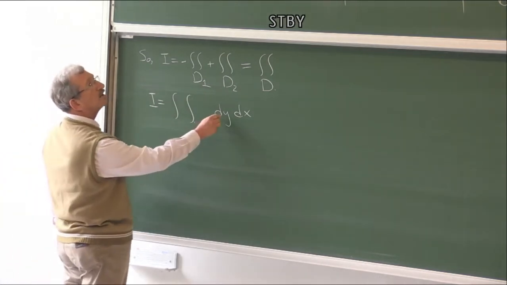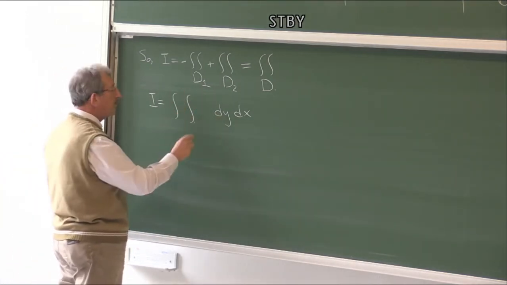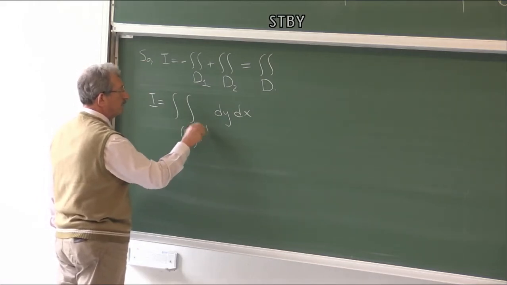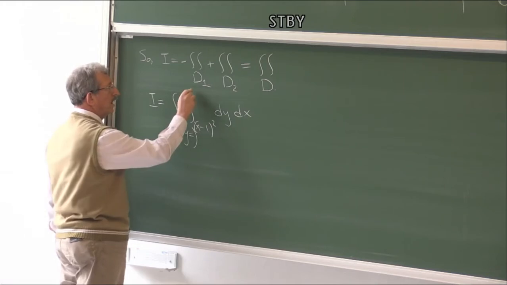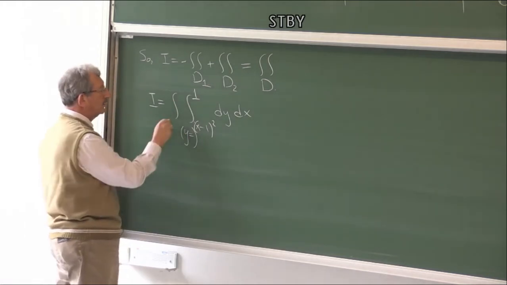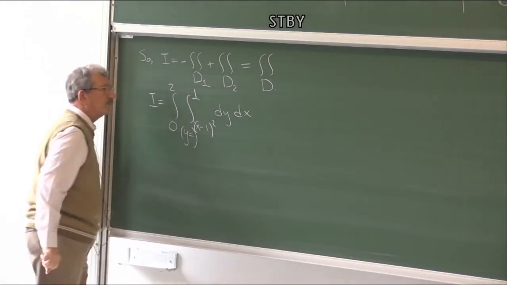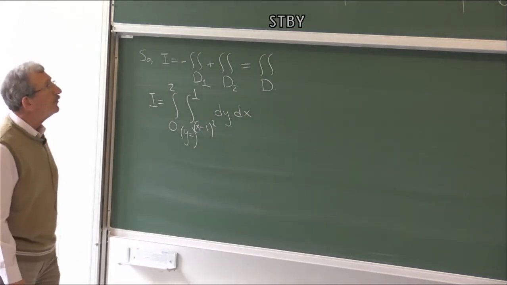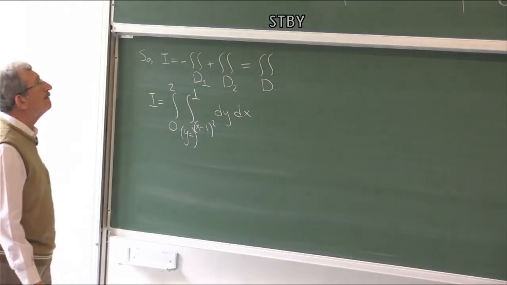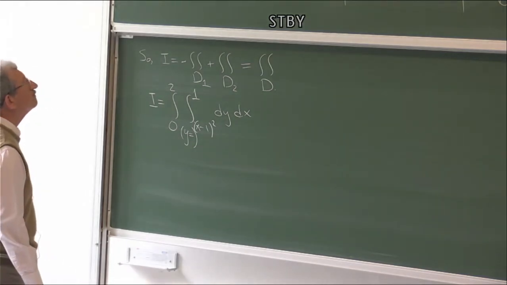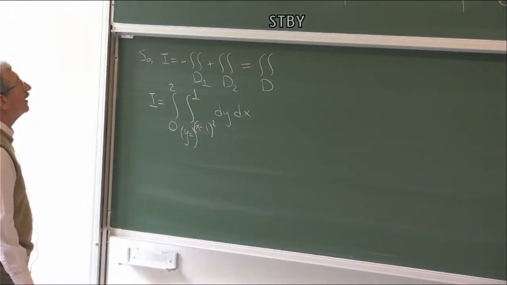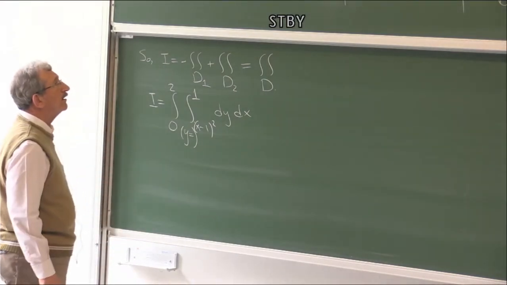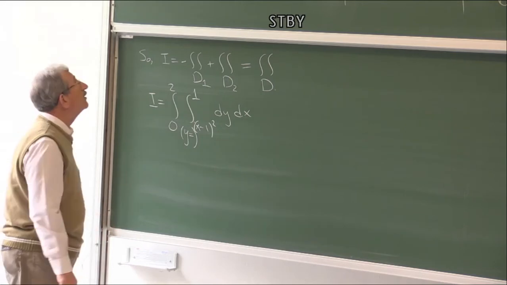So it starts from the parabola at the bottom. Y is (x minus 1) squared up to y equal to 1, and x from 0 to 2. Right, so this simplified the expression considerably.